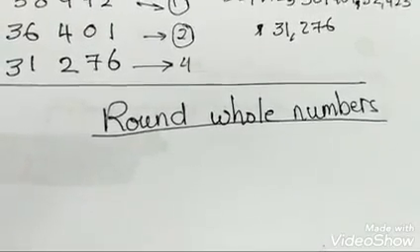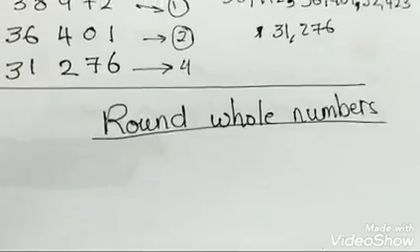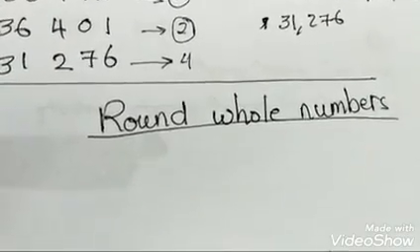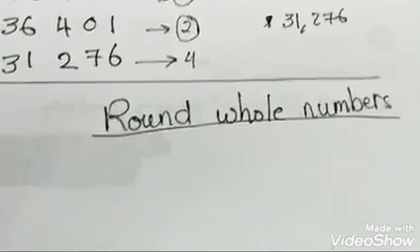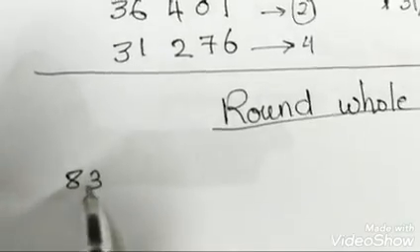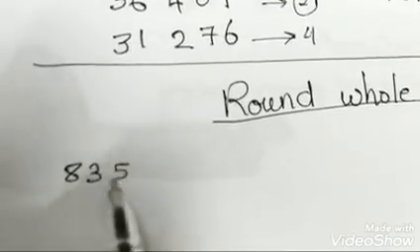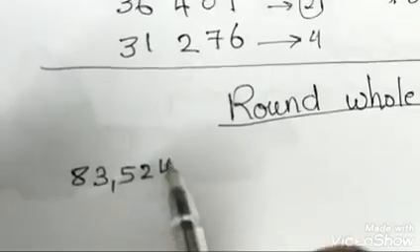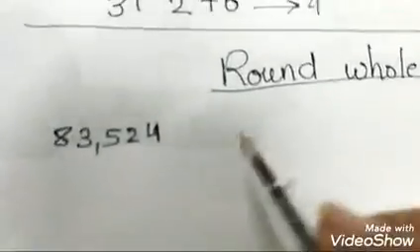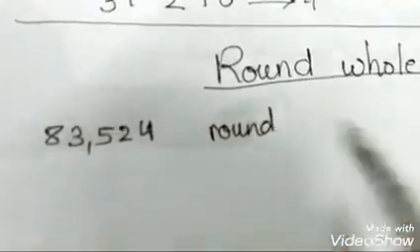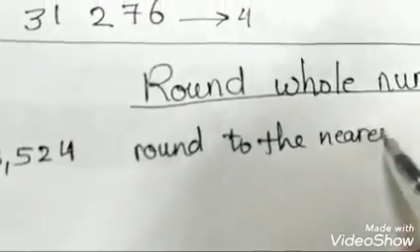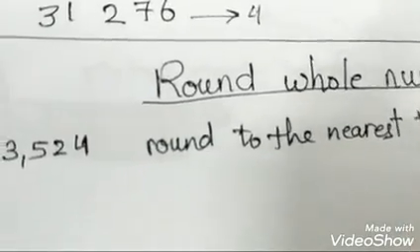Okay, now we will have a look at how to round whole numbers. If I have a number 83,524, I want to round this number to the nearest 10.